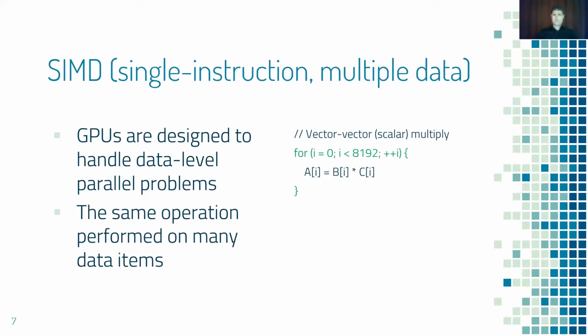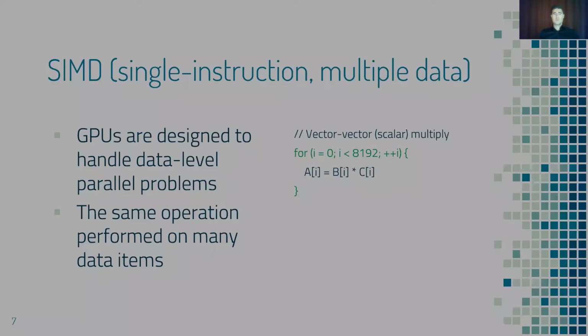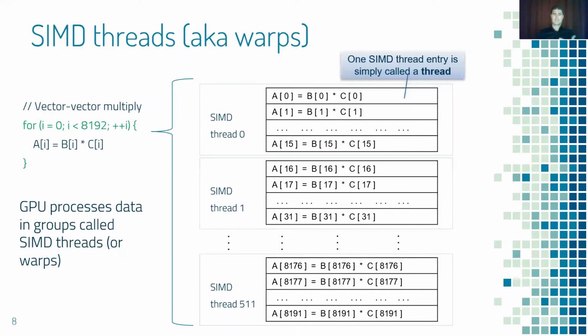A GPU processes, let's say, data sets in groups, so-called SIMD threads. You may know them as warps. Let's assume for this discussion that a single SIMD thread processes 16 of these operations. A single entry within the SIMD thread or warp is called just a thread.